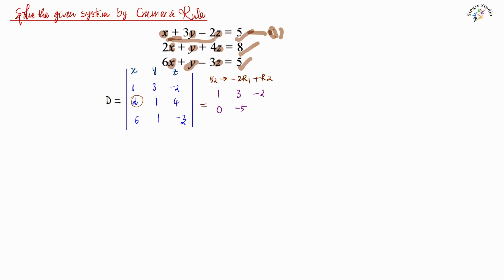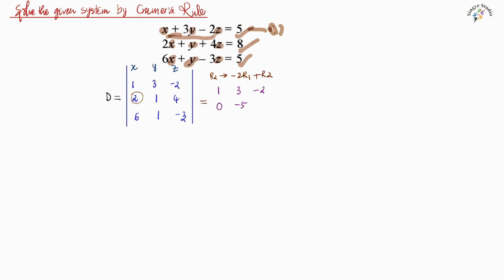Now we have -2 times of -2 is 4 plus 4 is +8, and 6, 1, -3. So this is our determinant after the operation. And from the properties of determinant, if I do this, our determinant value will not change, okay? So to understand that, you have to visit the properties of determinant video. Now I will expand through C1, okay?